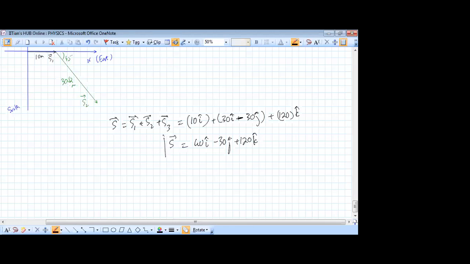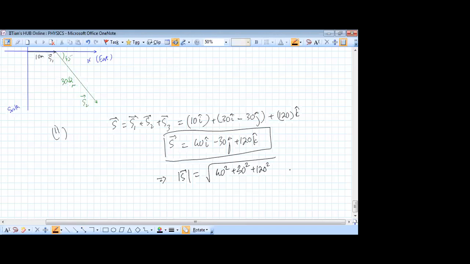That is the resultant displacement. The second part of it. So the magnitude of the resultant displacement will become root of x component square plus y component square plus z component square.